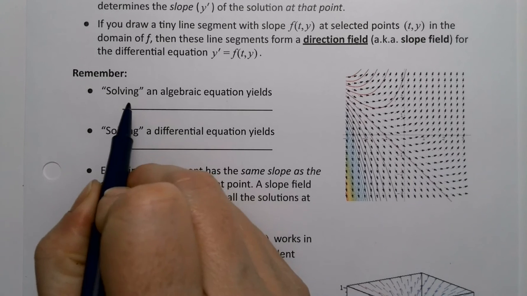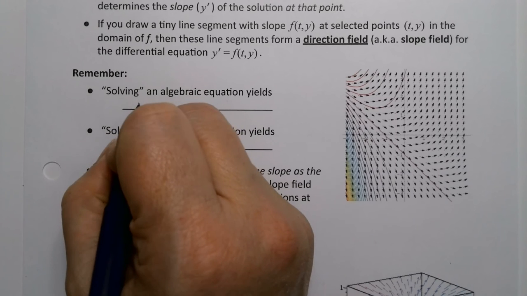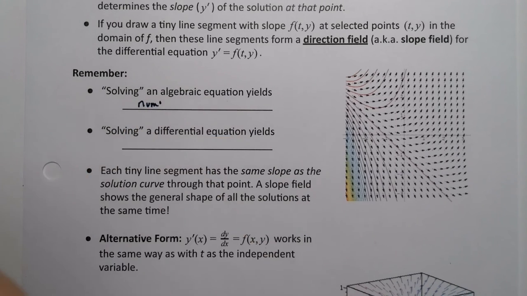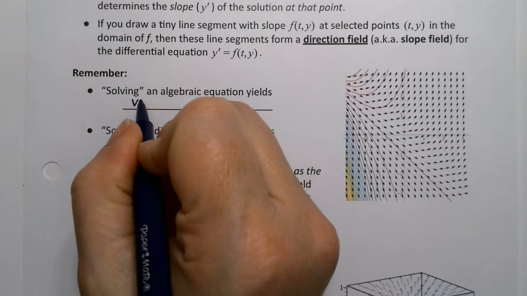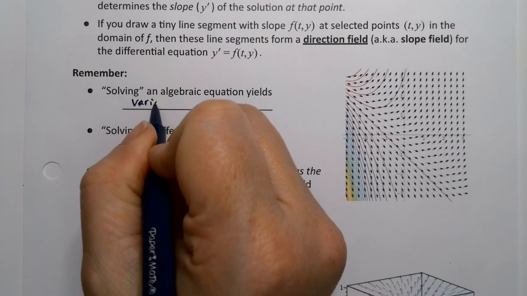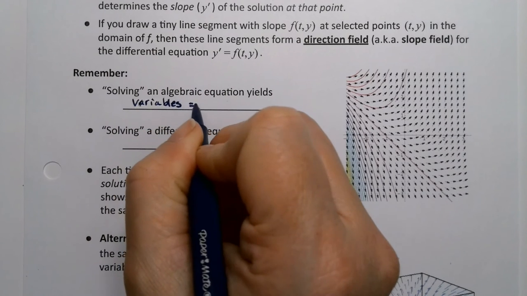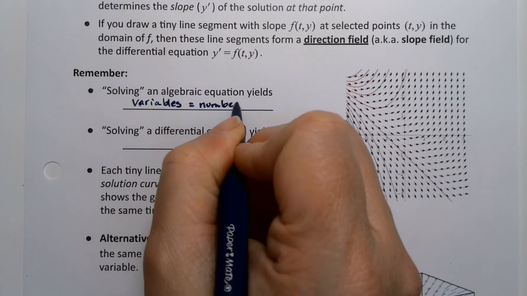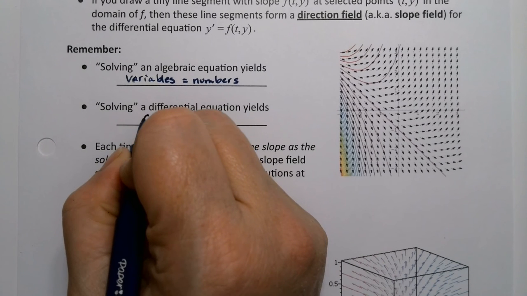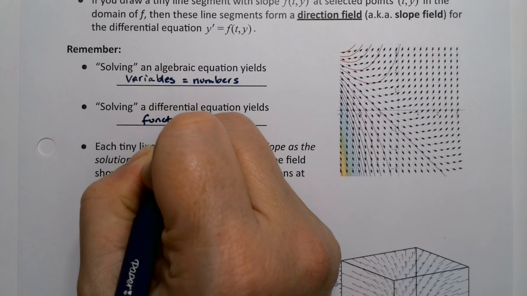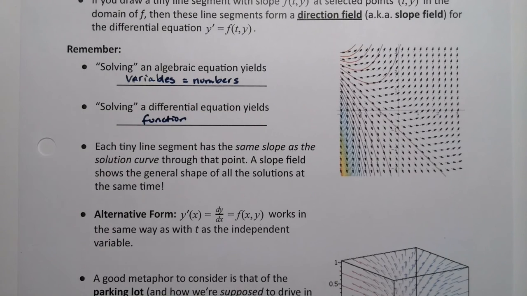So remember that solving an algebraic equation yields numbers. Well, it yields variables as numbers. But when you solve a differential equation, you'll get a function. Say like all these different curves over here, if you can see them.